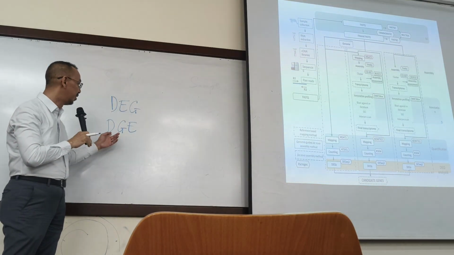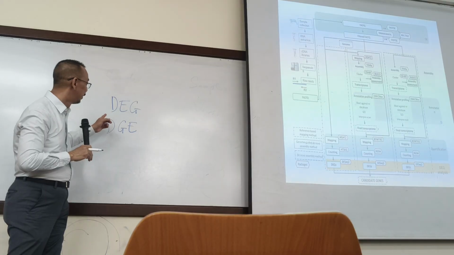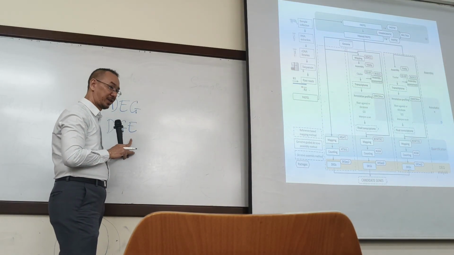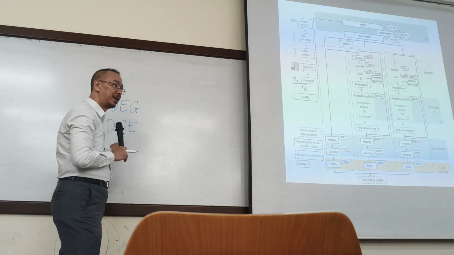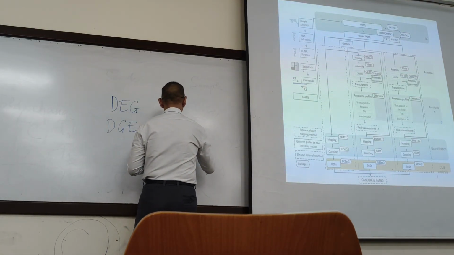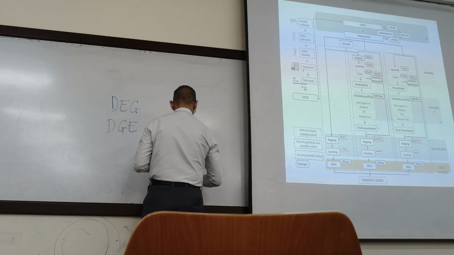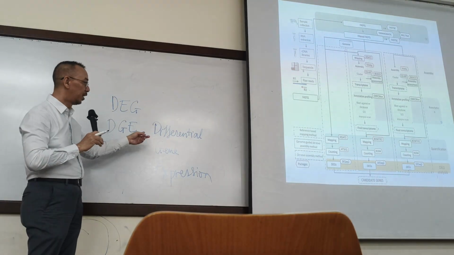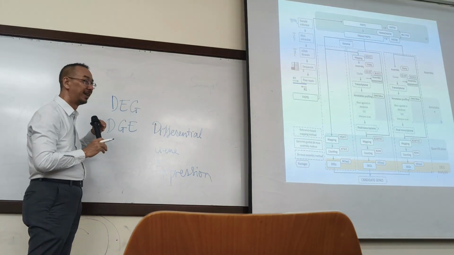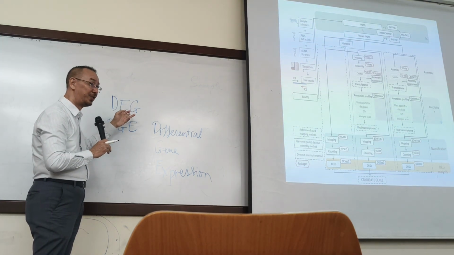So DEG and DGE are different. DGE: E means expression, G gene, D differential. DGE is differential gene expression. DEG is differentially expressed genes.